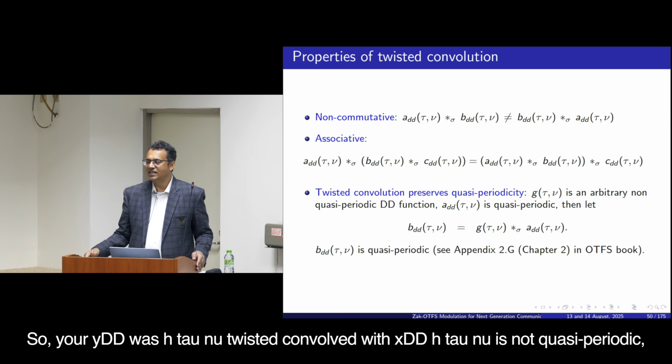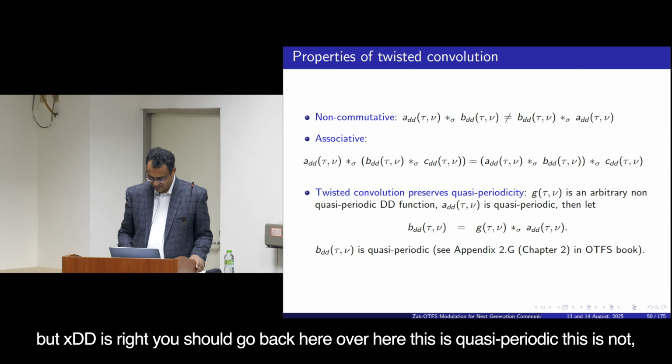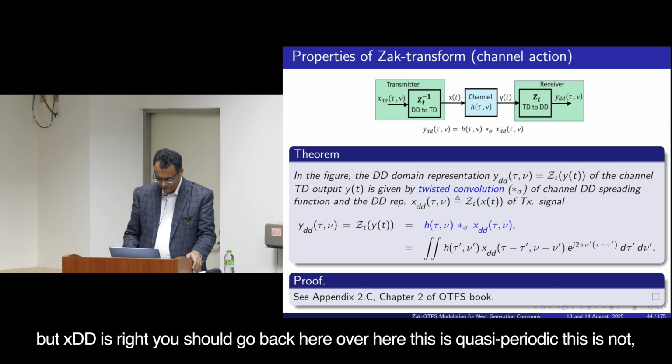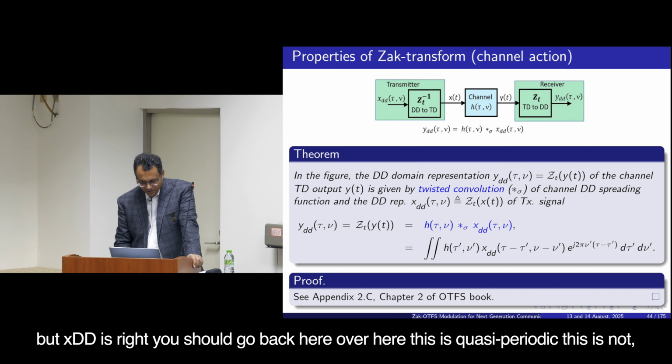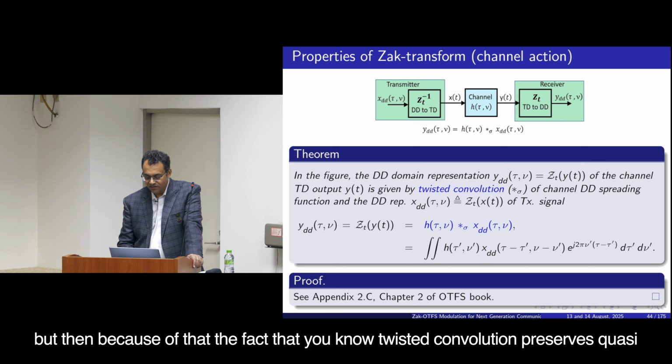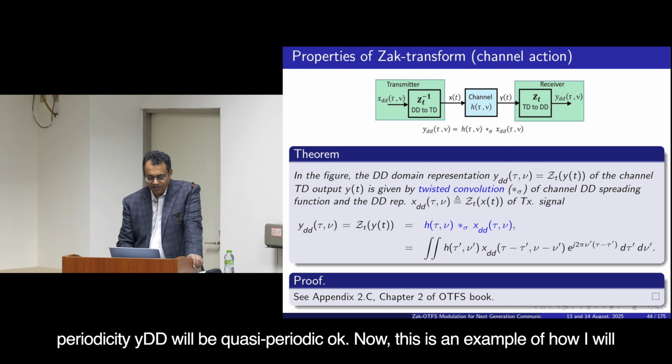So your YDD was h tau nu twisted convolved with XDD. H tau nu is not quasi-periodic, but XDD is, right. If you go back here, this is quasi-periodic, this is not, but because of the fact that twisted convolution preserves quasi-periodicity, YDD will be quasi-periodic, okay.